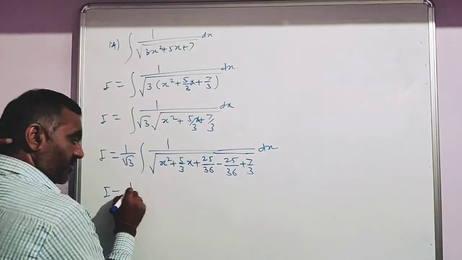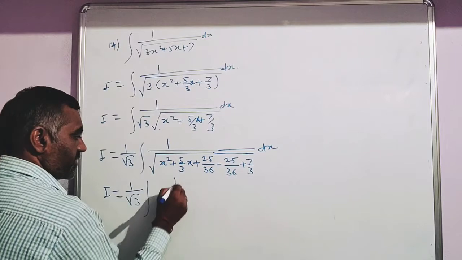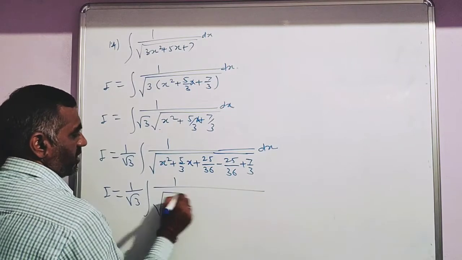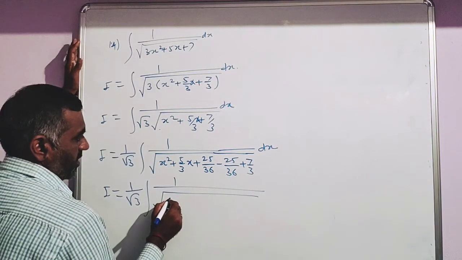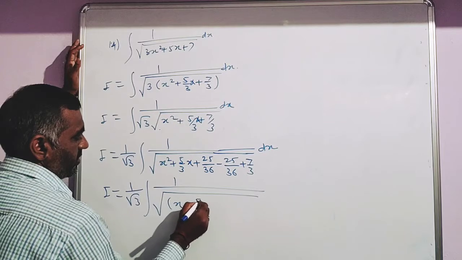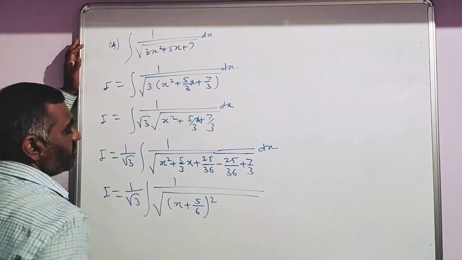I is equal to 1 by root 3 integration of 1 upon under root x plus 5 by 6 whole bracket square.